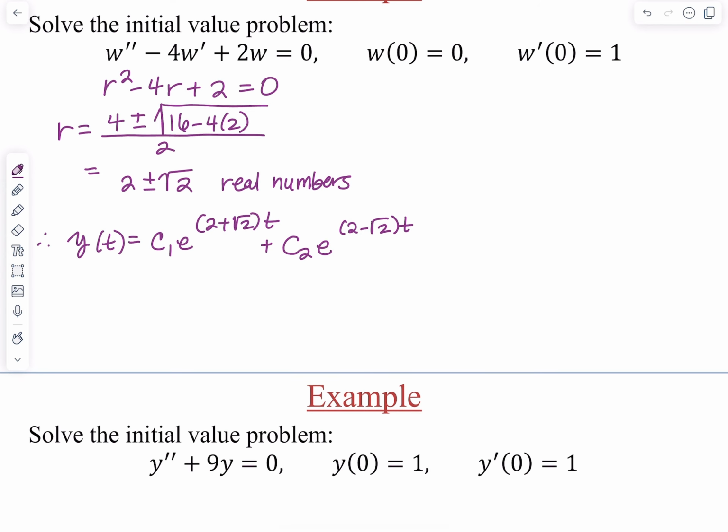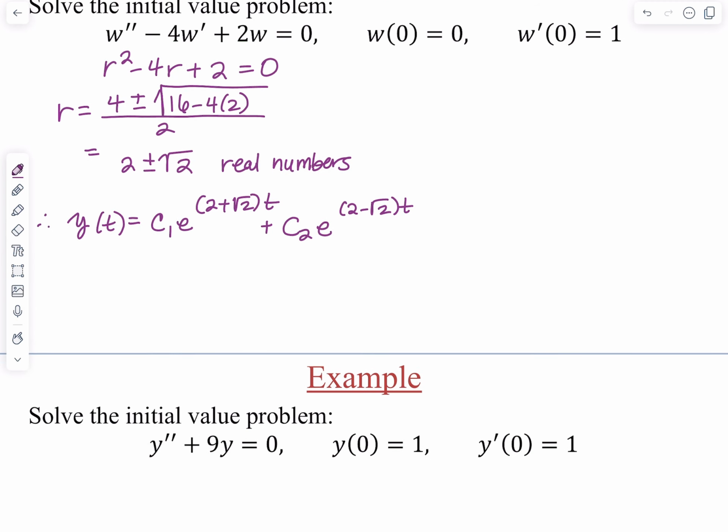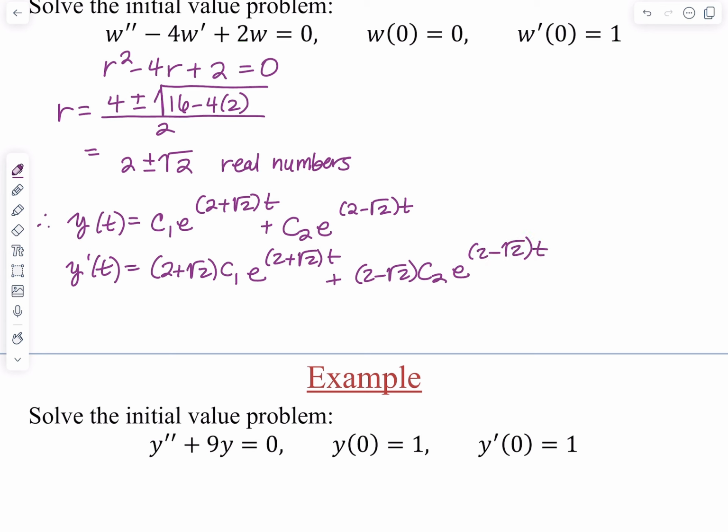So now we want to go ahead and take a look at our initial conditions. And we can see that we have y prime of t equal to 2 plus root 2 c1 e to the 2 plus root 2 t plus 2 minus root 2 c2 e to the 2 minus root 2 t.